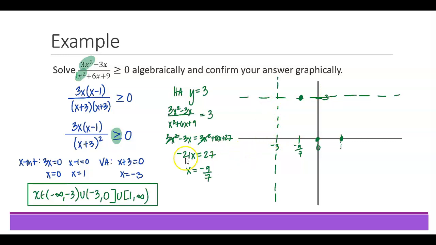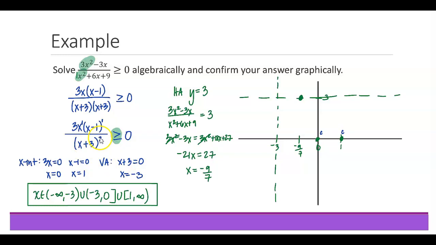So we do know that the x-intercepts, 0 and 1, came from factors of multiplicity 1. So that means that I'm going to have to cut through each of these x-intercepts. So I'm going to put a little C there to remind myself I'm going to have to cut through those. And then the vertical asymptote came from x plus 3 squared.